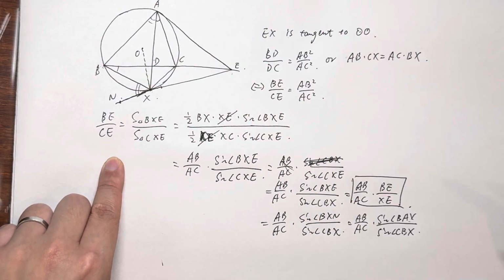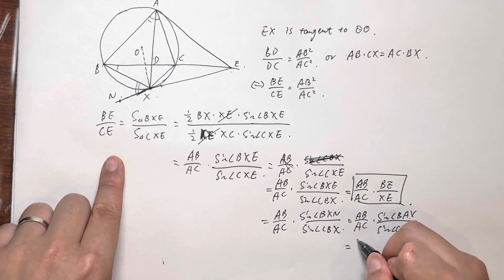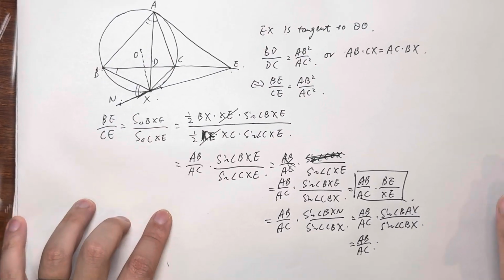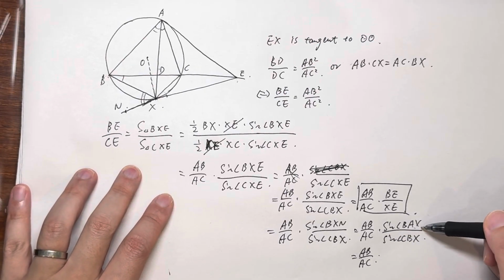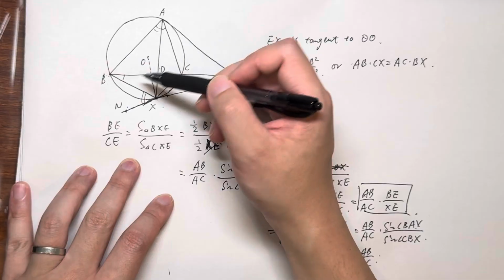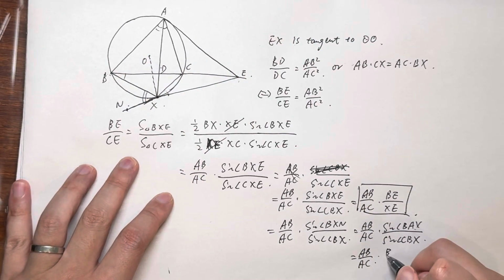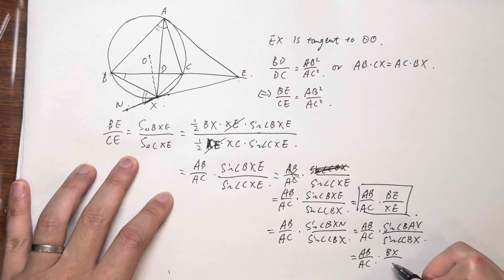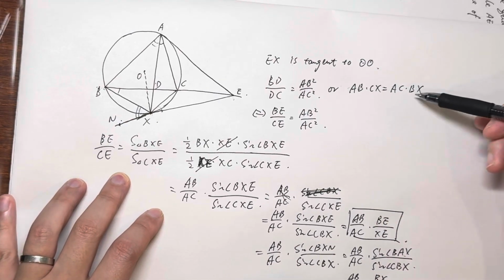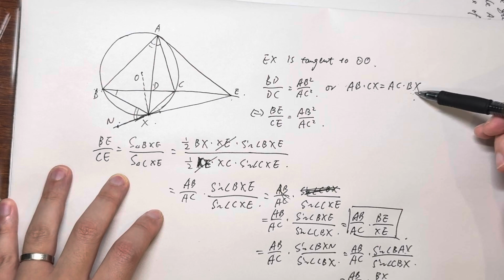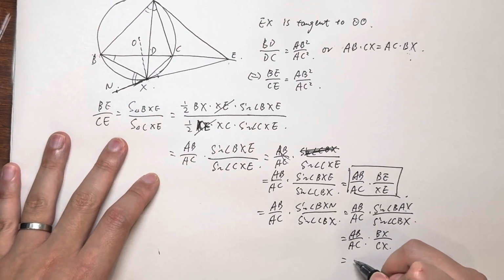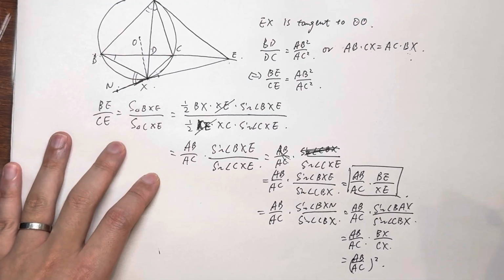And because it's sine angle BAX to sine angle CBX, that's actually the ratio of BX to XC, right? So it equals AB to AC, because we can multiply by 2R on the numerator and denominator: 2R times sine angle BAX, that is BX, and 2R times sine angle CBX, that's CX. And we know that BX to CX equals AB to AC. So it equals AB to AC squared.